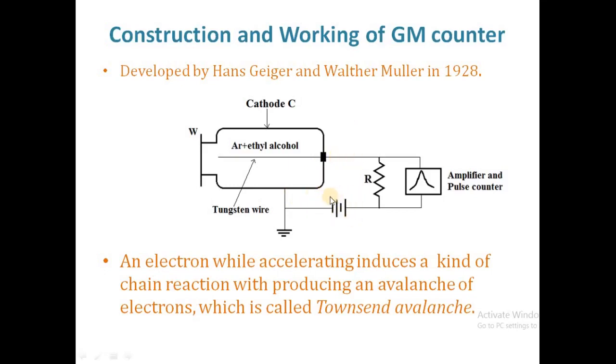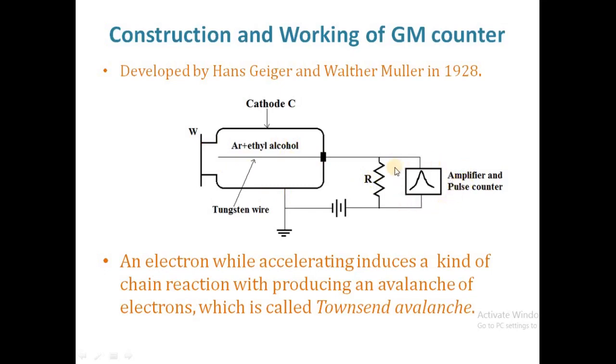Here this is the battery. The negative of the battery is connected to the metallic chamber and the positive of the battery through a high resistor is connected to the metallic wire.